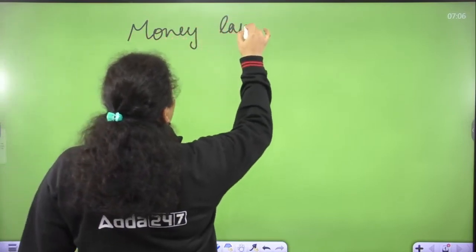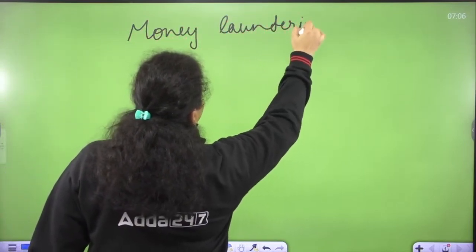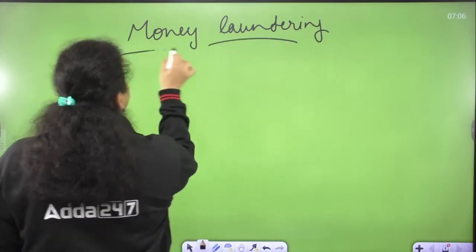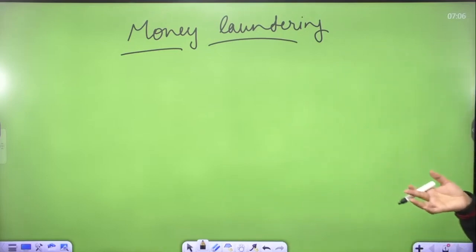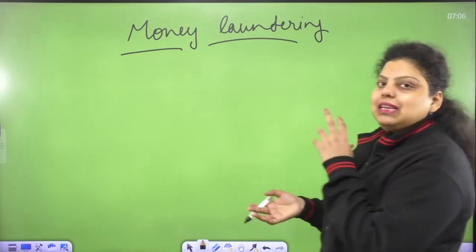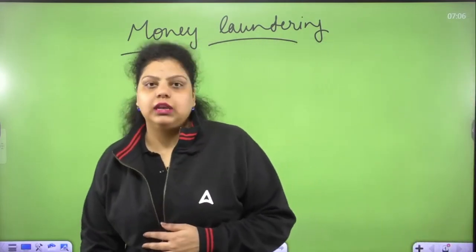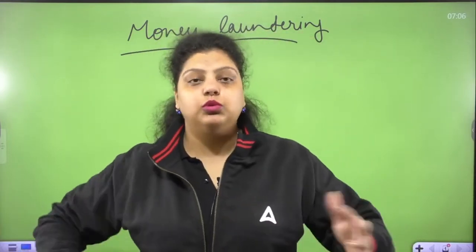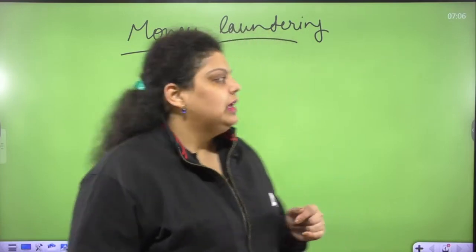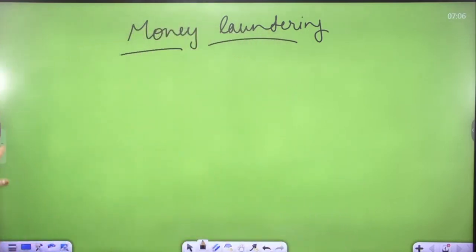To stop money laundering, a lot of rules, regulations and norms have been introduced. What actually is money laundering? To convert black money into white money is known as money laundering. Now, this is what we are going to cover in this particular session.